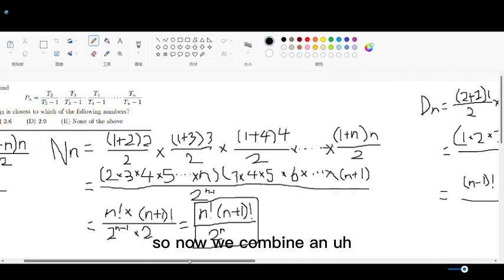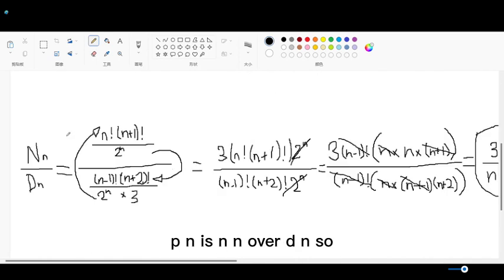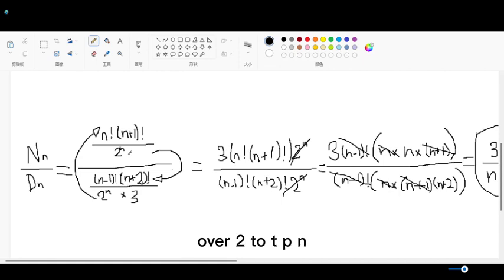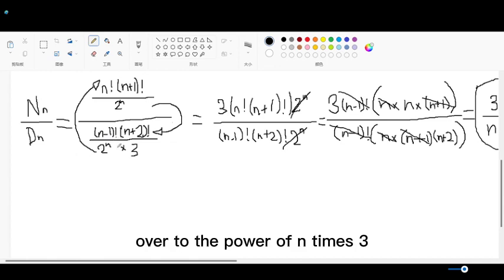Okay, so now we combine, and all we need to get is Pn. Pn is nn over dn. So nn is n factorial times n plus 1 factorial over 2 to the power of n, over dn, which is n minus 1 factorial times n plus 2 factorial over 2 to the power of n times 3.